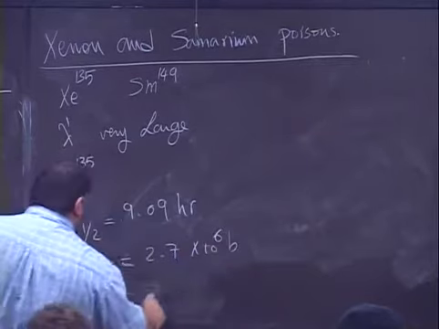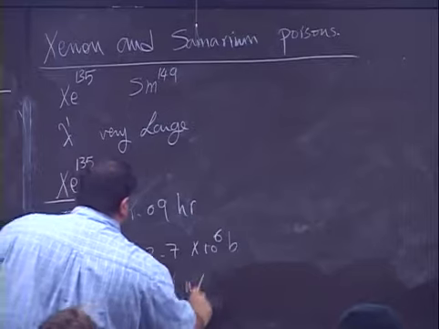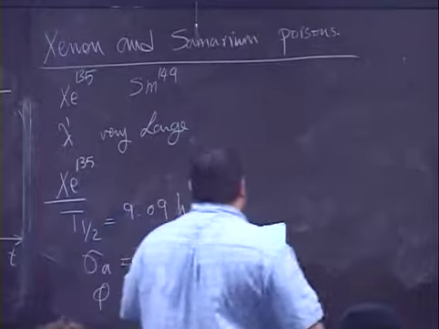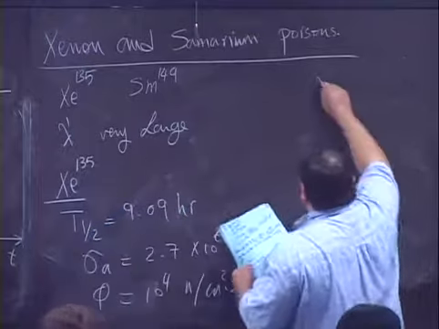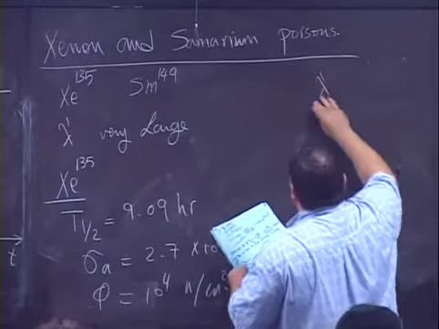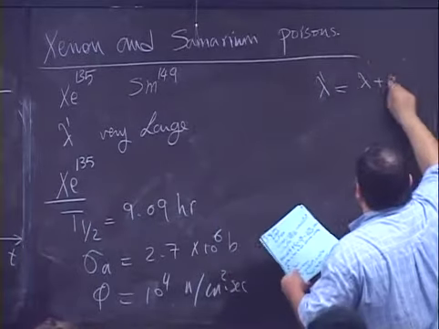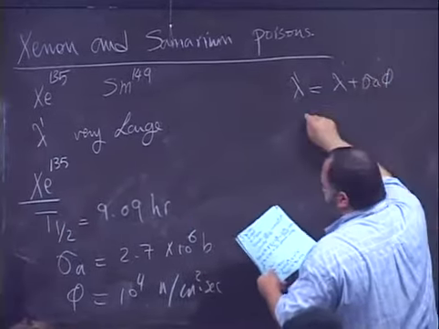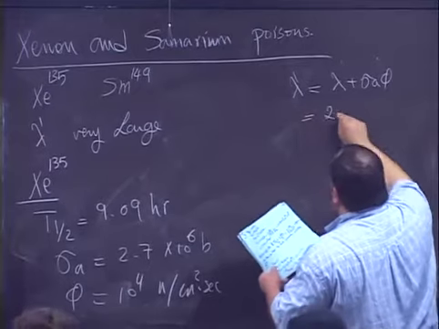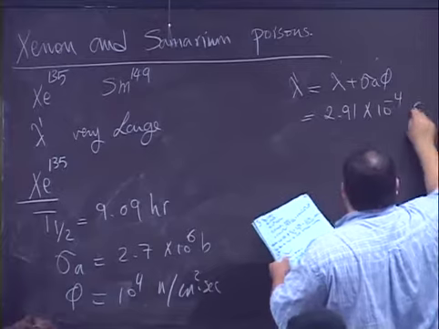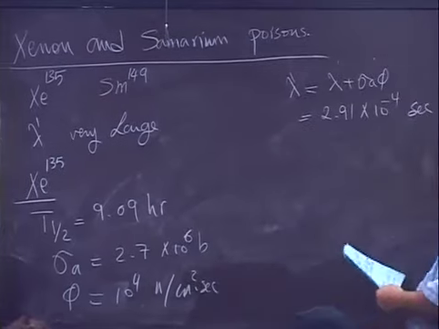Flux here is 10^14 neutrons per centimeter square per second. Lambda prime will be just lambda plus sigma absorption phi, and this will give us 2.91 × 10^-4 second^-1.